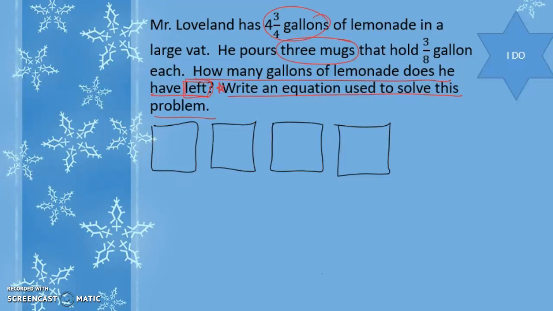Now, because he has 4 3/4, I know he has more than 4. He has 3/4, so I'm going to have my 3/4 show up in this box that I just drew. So I need 5 boxes because I have more than 4 gallons. Okay, and this represents 4 3/4.